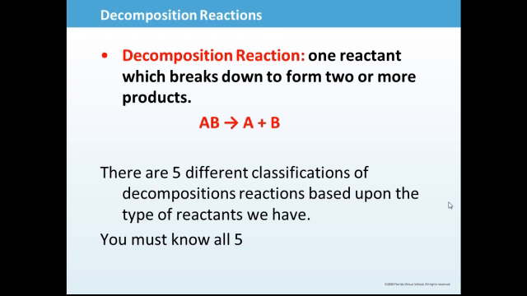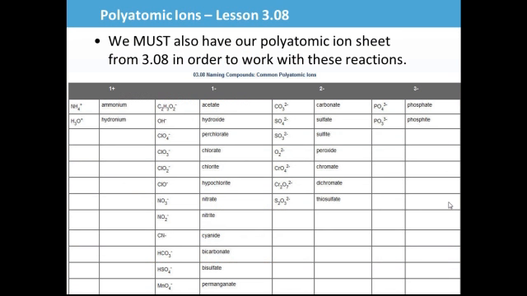Print that, write it down with an example, so that when you get to the assignment, you can take your problem, look on that sheet, try to see which classification it is, and then be able to write your products. For this section, we do see a lot more with the polyatomic ions. You do need to have that list of them.